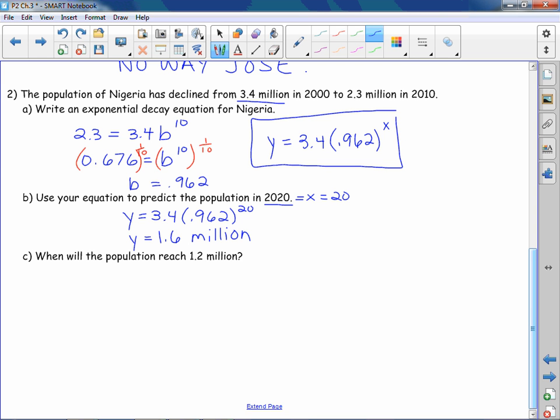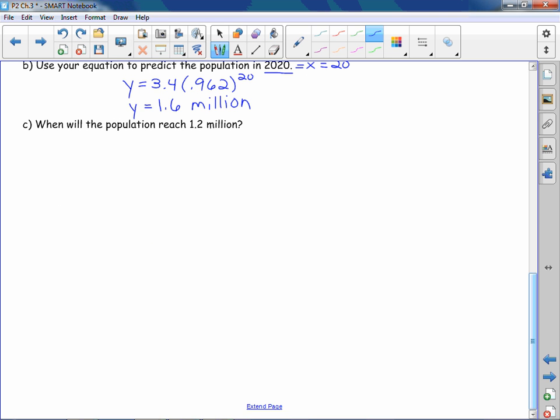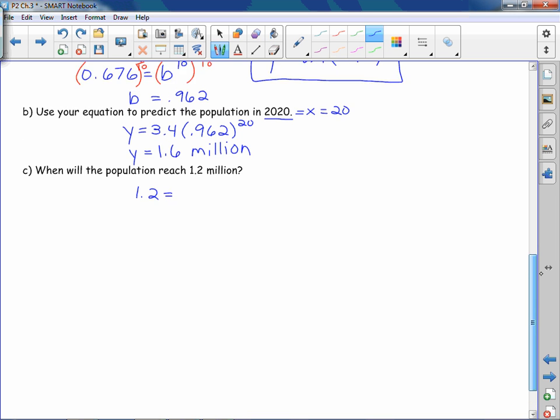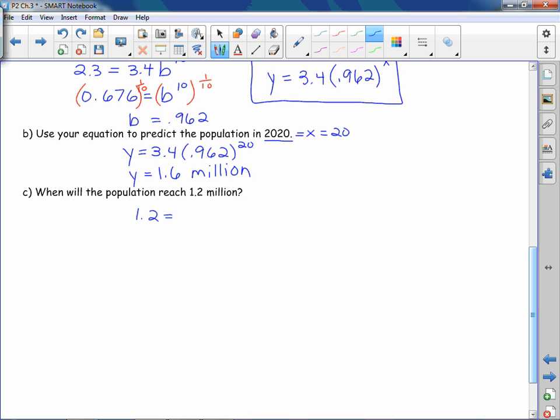Okay, and when will the population reach 1.2 million? What do I do with 1.2? That's your y, exactly. Good. So it's going to be 1.2 equals 3.4 times 0.962 to the x.